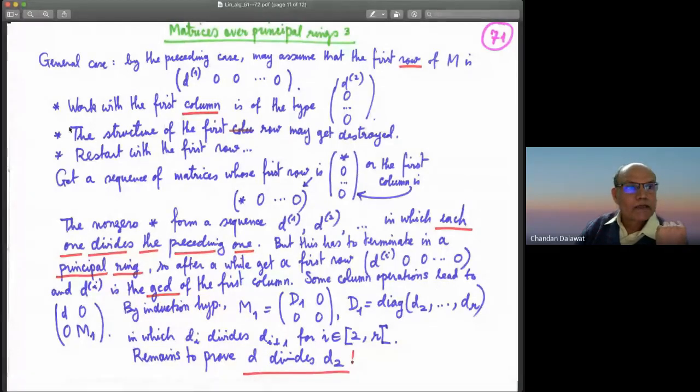So by multiplying the whole matrix by invertible matrices of the appropriate size on the left, I can make the first column look like D2 as the first entry and zeros elsewhere.